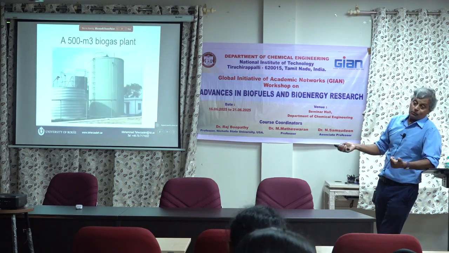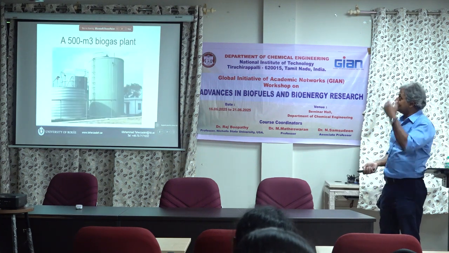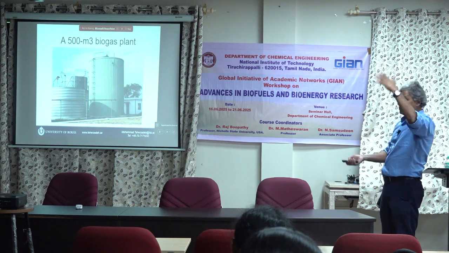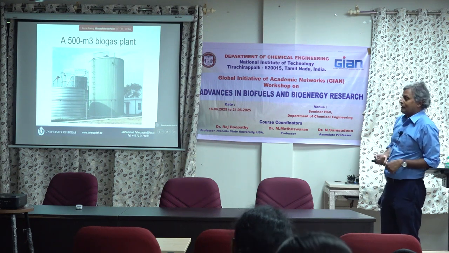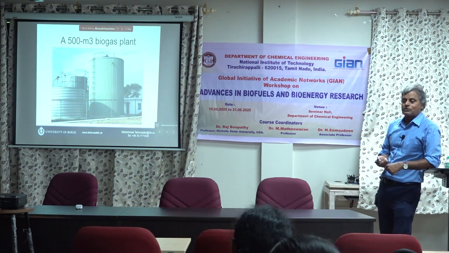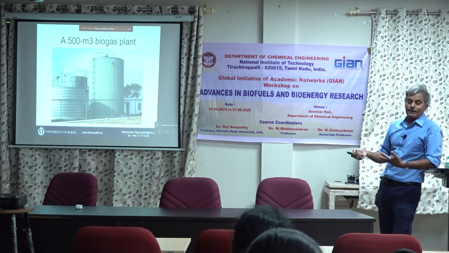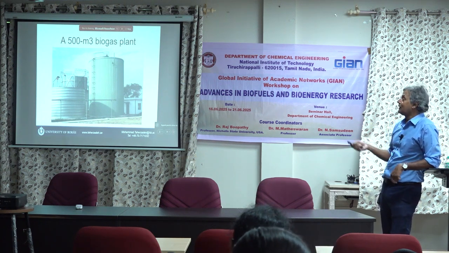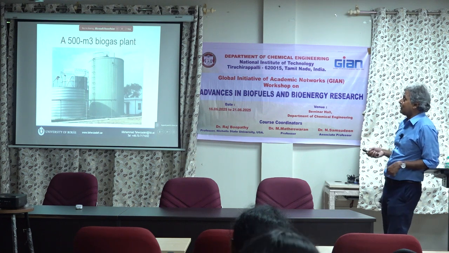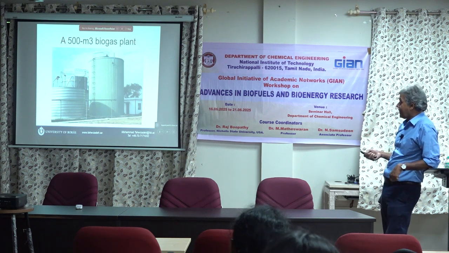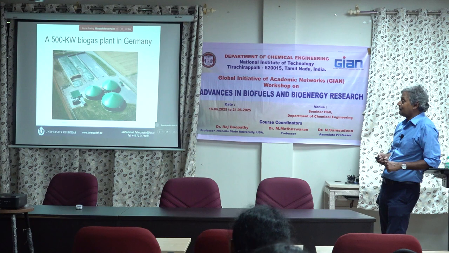Then a sophisticated one in the Western countries, they use this huge bioreactor, and it's a lot of upstream, downstream manipulation, regulation, making it as much science as you can. This is the 500 cubic meter biogas plant, and this is the 500 kilowatt biogas plant in Germany.